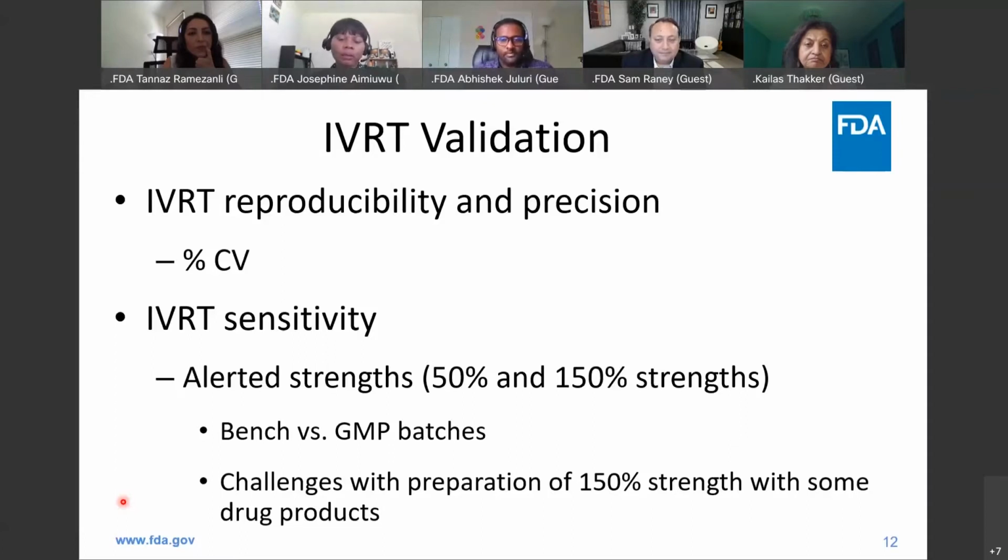Right. So in terms of submission in an ANDA, we would like to see all the individual data and plots with respect to the altered formulation using the bench batches, which is okay. But we want to see all the composition and the procedure for manufacture of this altered formulation.